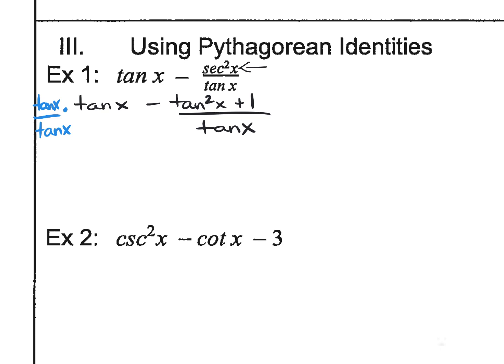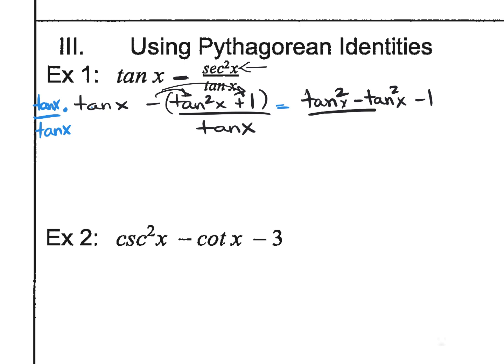So what is tangent times tangent? Tangent squared. So now I have tangent squared minus tangent squared minus 1. Why do I do minus 1? Notice that this is all on the outside, isn't it? So we've got to distribute that negative in, don't we?